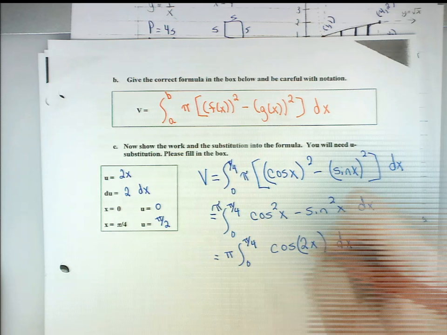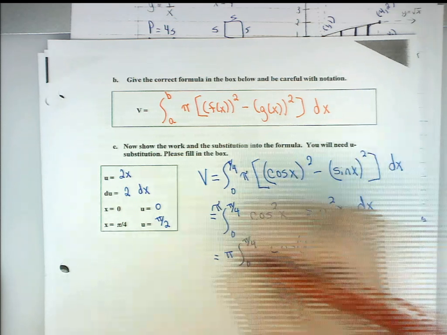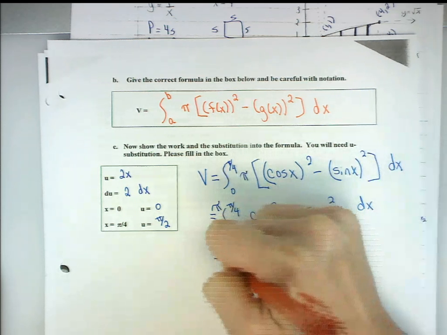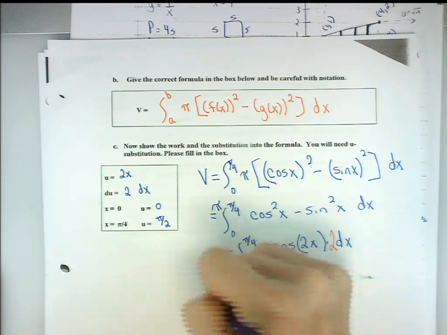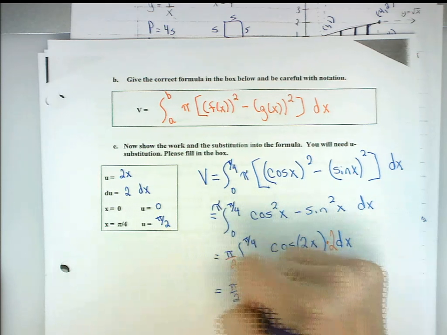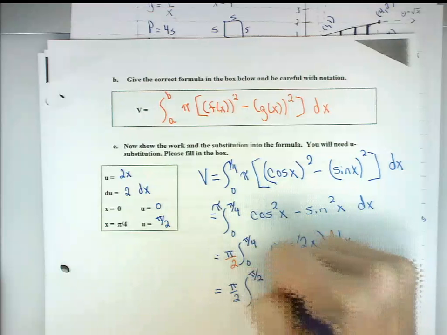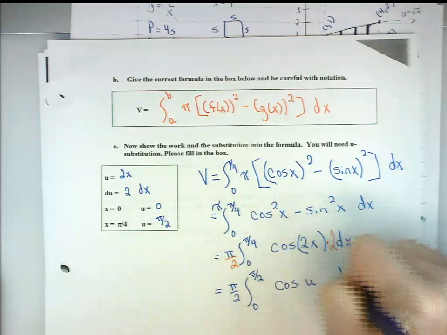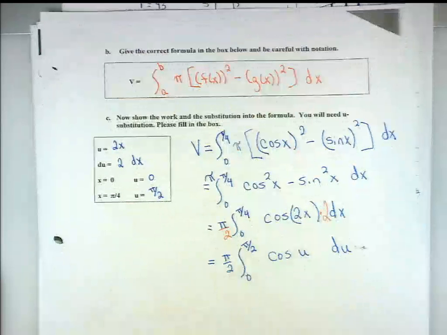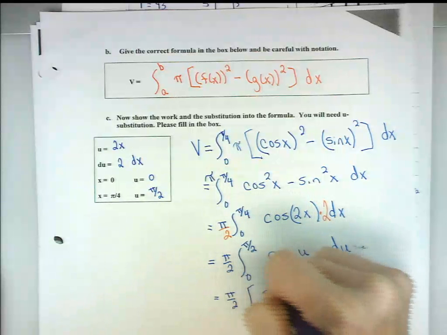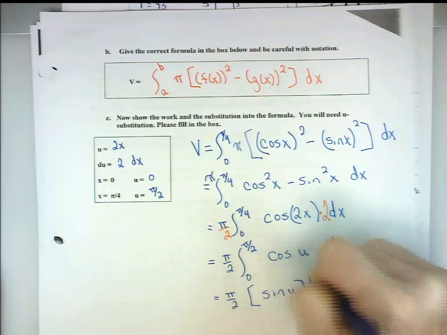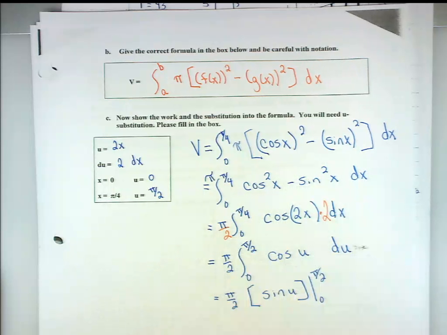In this step, I'm just going to change my colors, and I'm going to put a 2 here, because we've integrated, the antiderivative of cosine is sine.